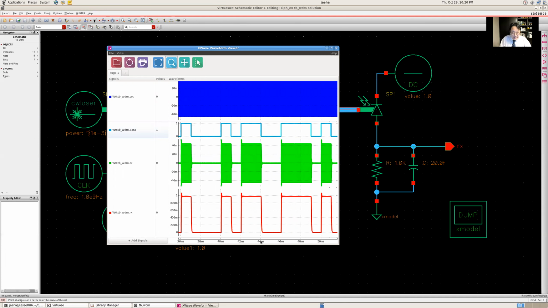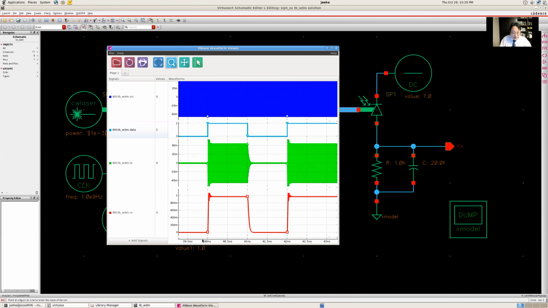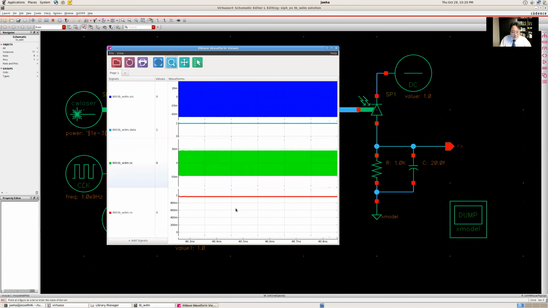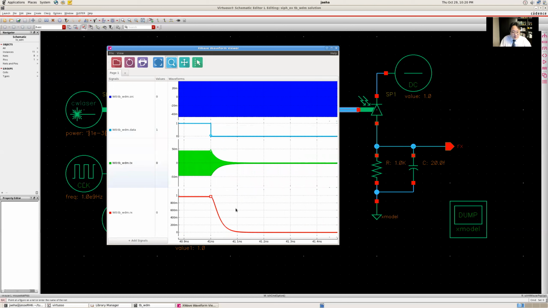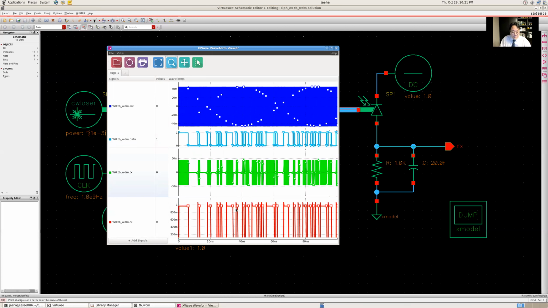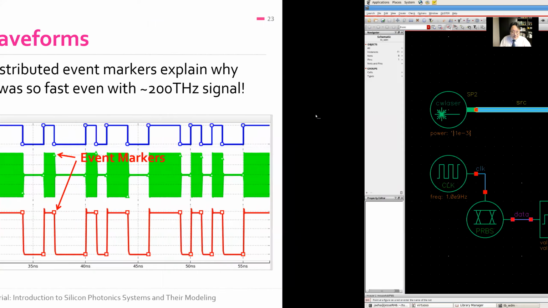And if I do this, you see the event markers. And like I said before, you see there are very few events being triggered, despite the fact that we're simulating an extremely high frequency signal, right? And this is how this simulation could be finished within 3 seconds. Okay.